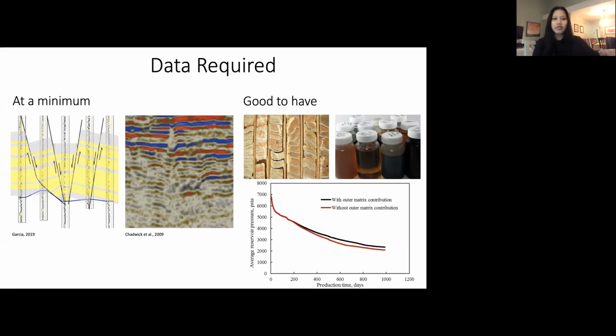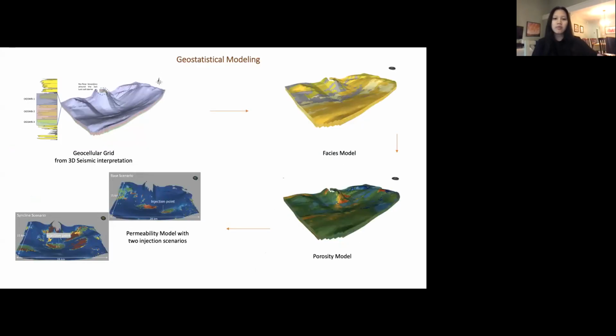So let's say we've got the geologic model, but it doesn't end there. From the seismic and well-log data, you only have horizons, you only have the formation. The next thing you do, as I mentioned before, is populate facies.